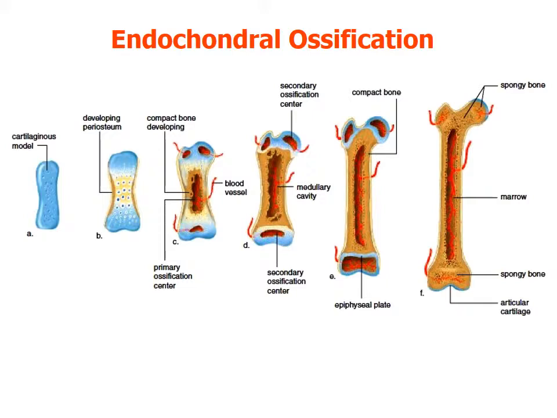It's called an epiphyseal plate. Again, we can simplify this by saying bone collar forms, cartilage cavitates. Compact is laid on the outside first, and spongy is laid on the inside last.